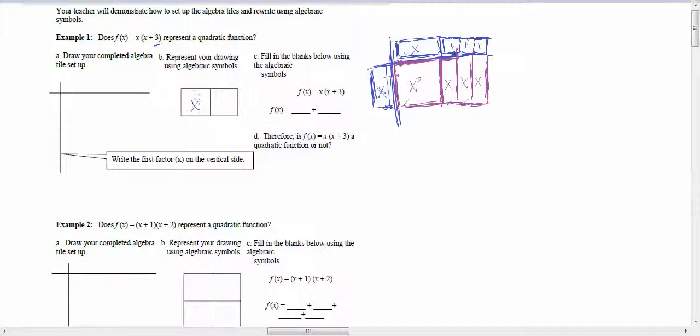Well, I've got x squared, and I've got 3 x's. See, here's my x squared, here's my 3 x's. So this thing is the same as x squared plus 3x. Is this a quadratic function? Yes, it is.